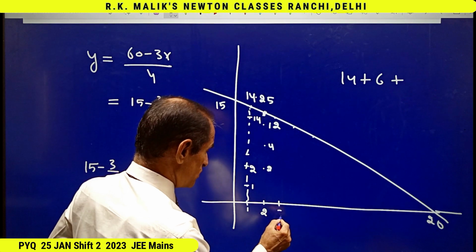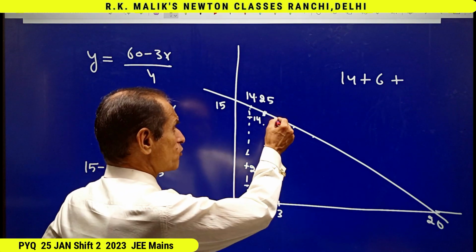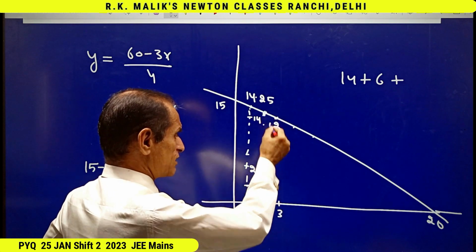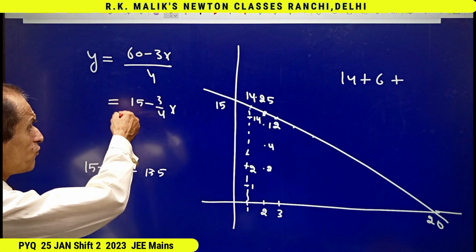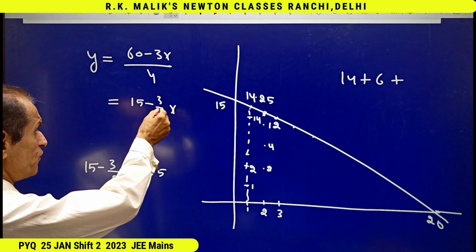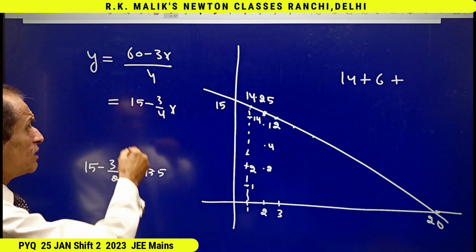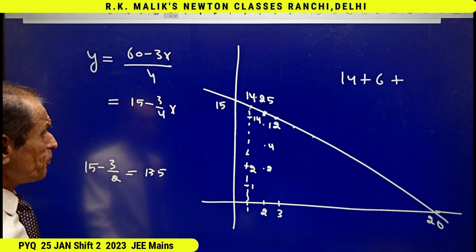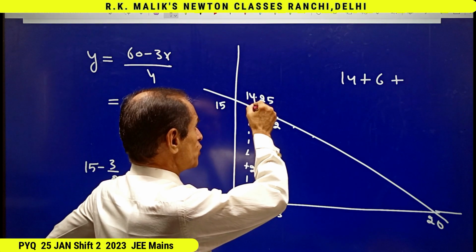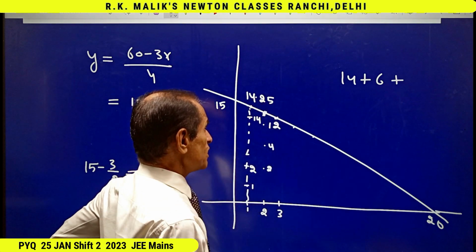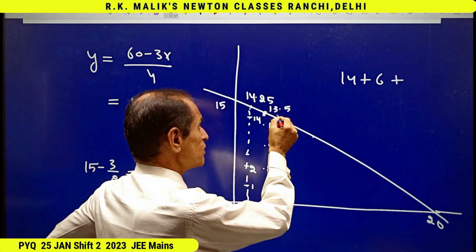Similarly for 3, actually it is not required to find the y coordinate of the point for x equal to 3, because it is obvious from here, as the value of x increases by 1, the value of y will be decreasing by 0.75. Therefore, when this was 14.25, automatically this would have been 13.5.